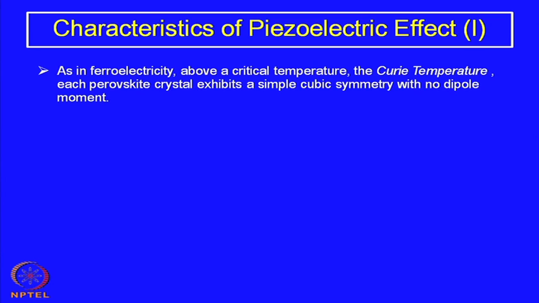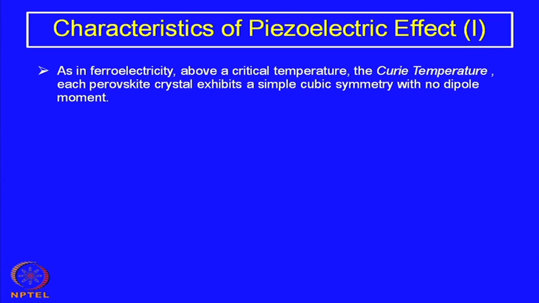Okay. Now, there is always a phase transformation associated with the Curie temperature. That means the Curie temperature and the phase transition more or less occur at the same temperature, although they have a slightly different origin. They are not exactly the same all the time, but they are very close.